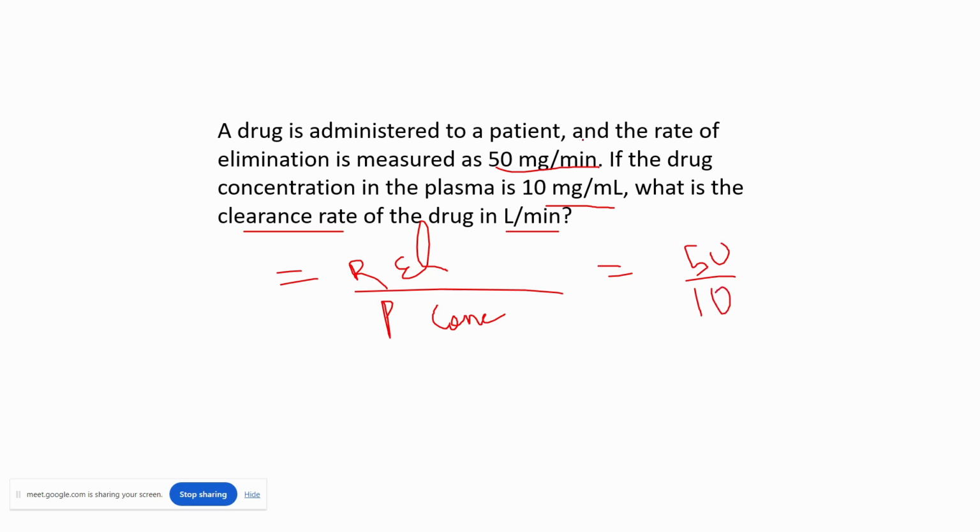So it should be 5 ml per minute, and 5 ml is basically 5 into 10 power minus 3 liter, or 0.005 liter per minute. So that will be the correct answer.